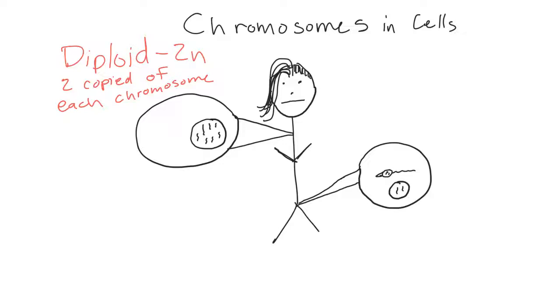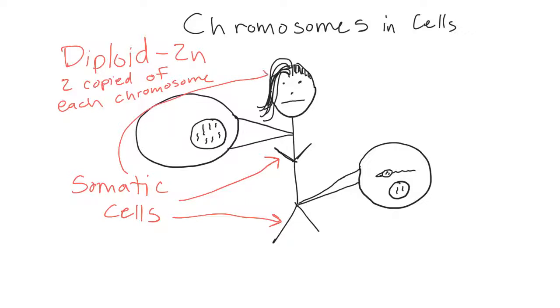So the diploid cells in the body are also called somatic cells. Okay? So these are the cells which carry out the functions of the organism. So your hand, your foot, your hair, all those are somatic cells.